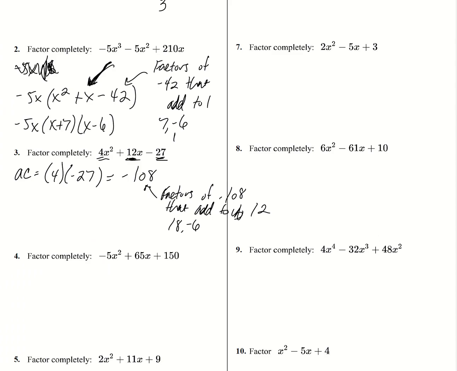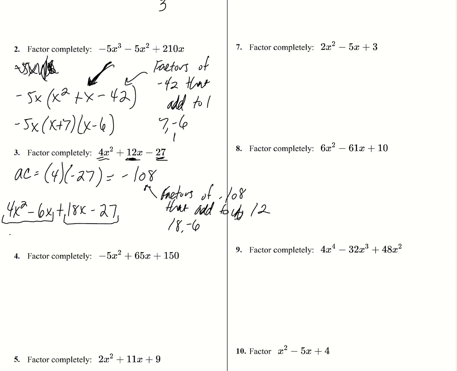So what we're going to do then is rewrite this expression with that bx term broken up. So I'm going to do 4x squared minus 6x plus 18x minus 27. Then we're going to split this up into the first 2 terms and the last 2 terms, and find a common factor between the first 2 terms.